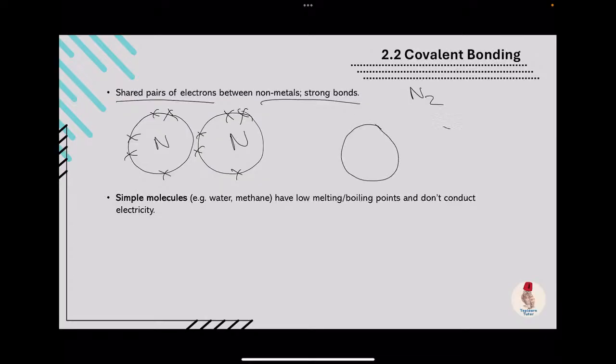Now nitrogen has 5 electrons in its outer shell. However, from those 5, 3 are shared in the middle from one nitrogen, and 3 are shared from the other one, like this, as such.